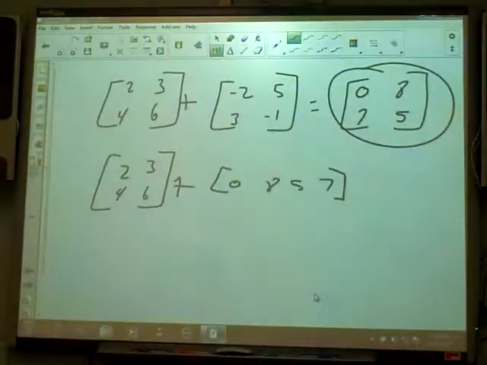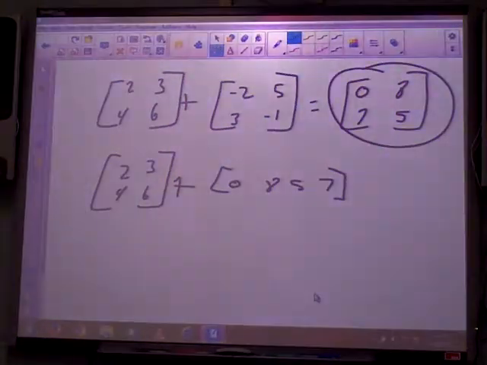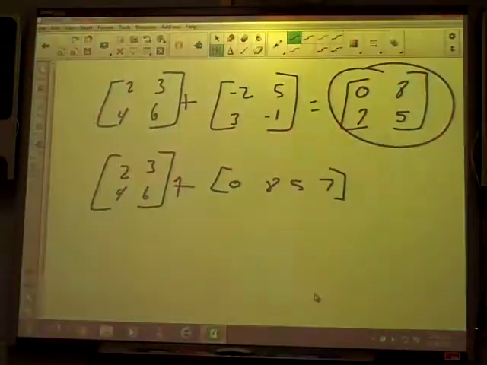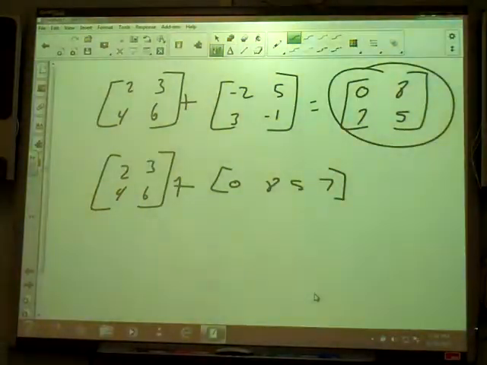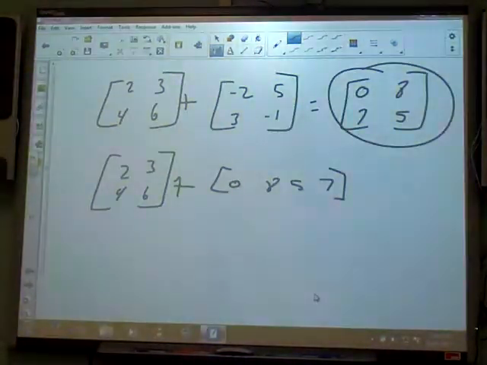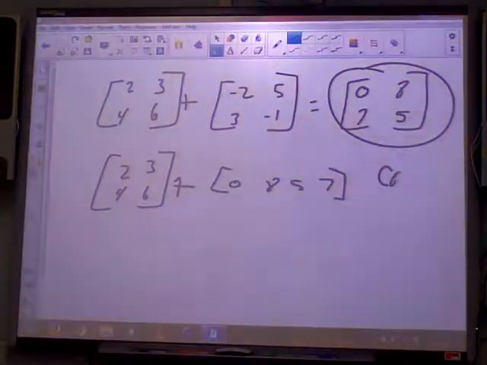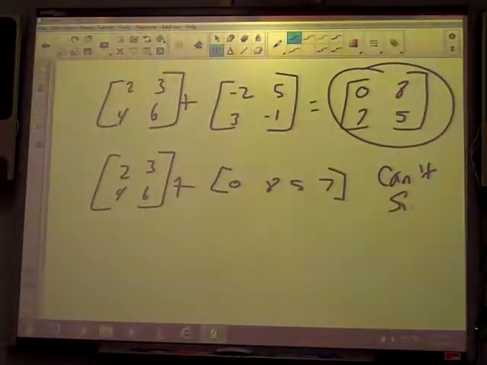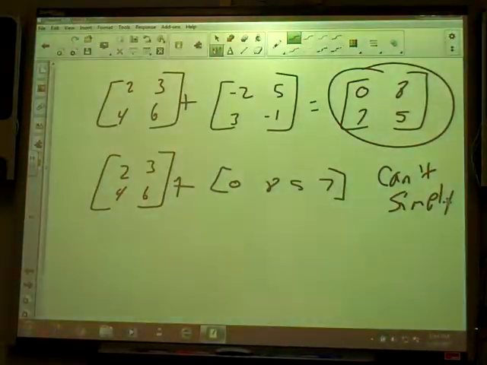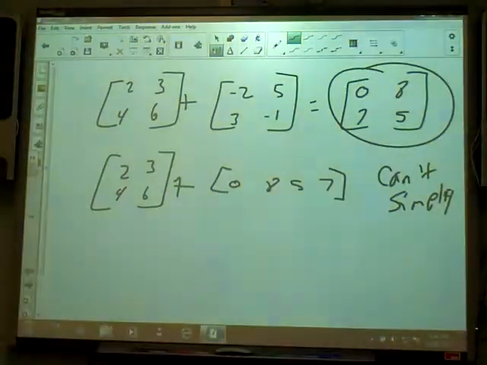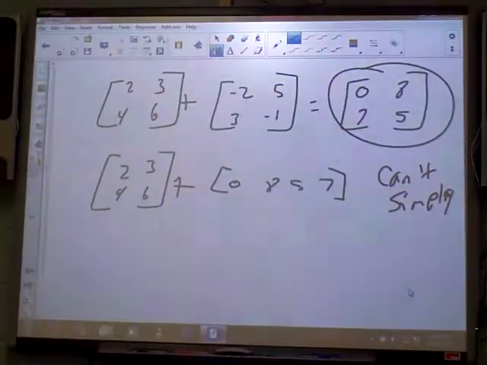On the first one, we added corresponding spots. And zeros in this one. Okay, check what I'm writing here, Baylor. Can't simplify. You were close. Good job.